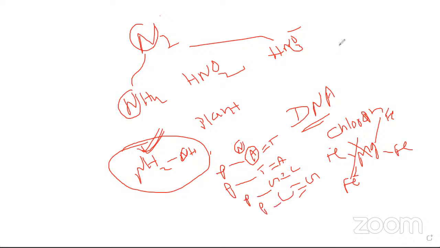It is also present in NADP, ATP, and also RNA. So these are the main constituent parts of the plant.